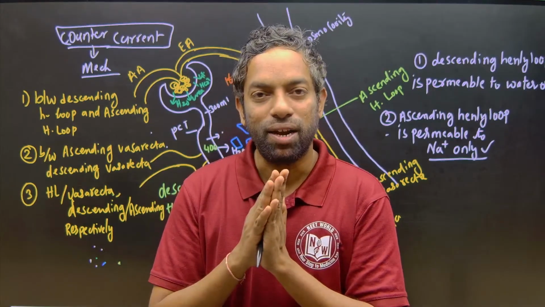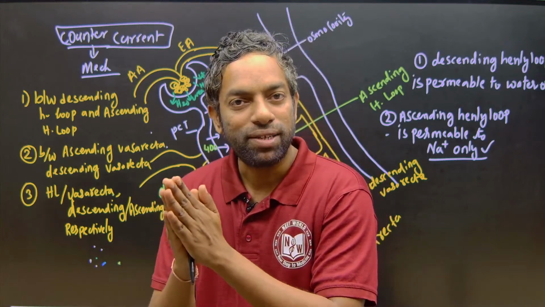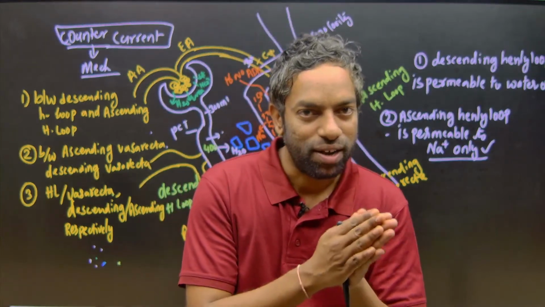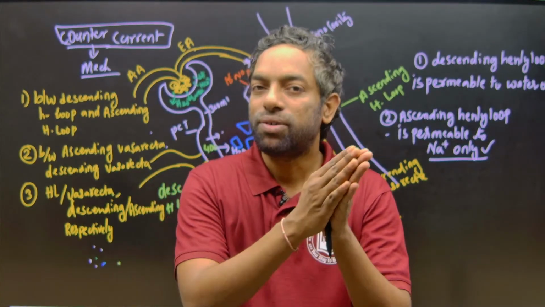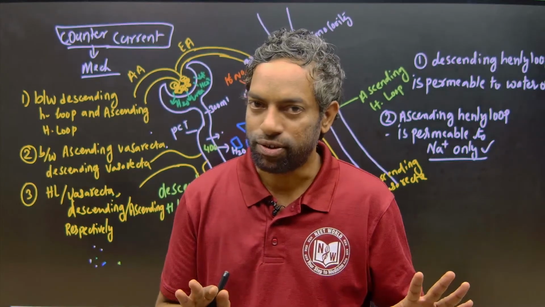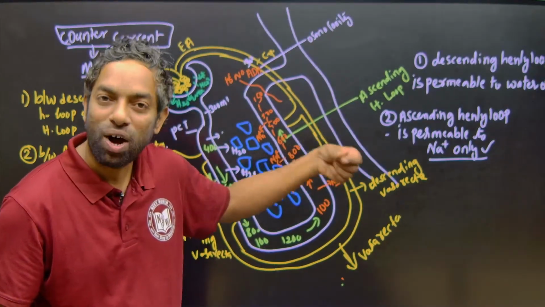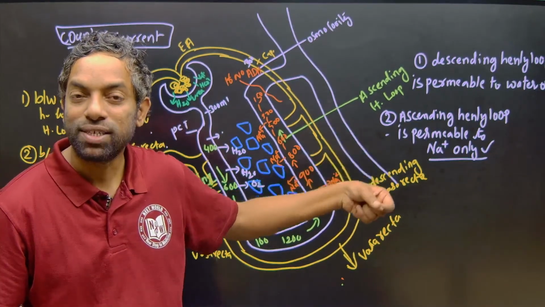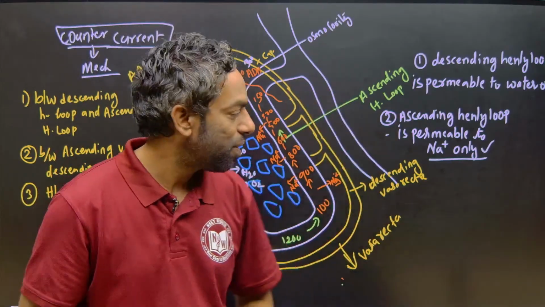The ascending Henle limb is permeable to ions and non-permeable to water; if ions are removed and water remains, the solution becomes dilute. Everyone knows this. But what is the descending Vasa recta permeable to? This is the question.